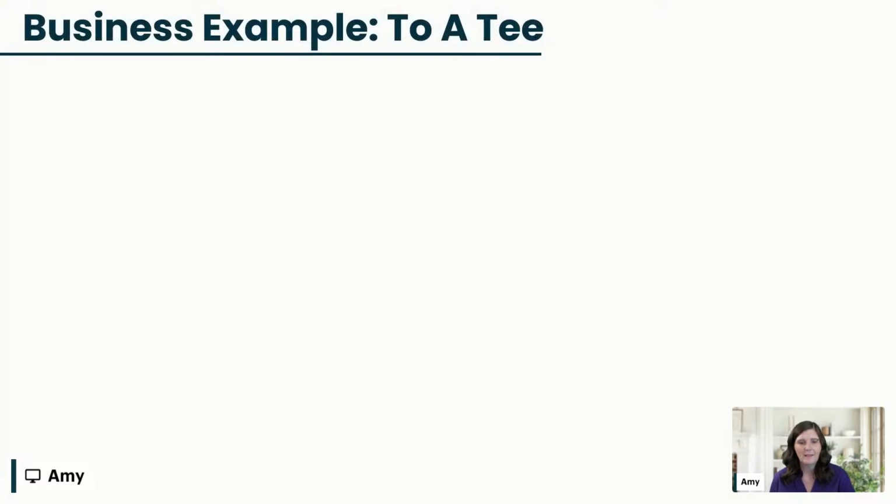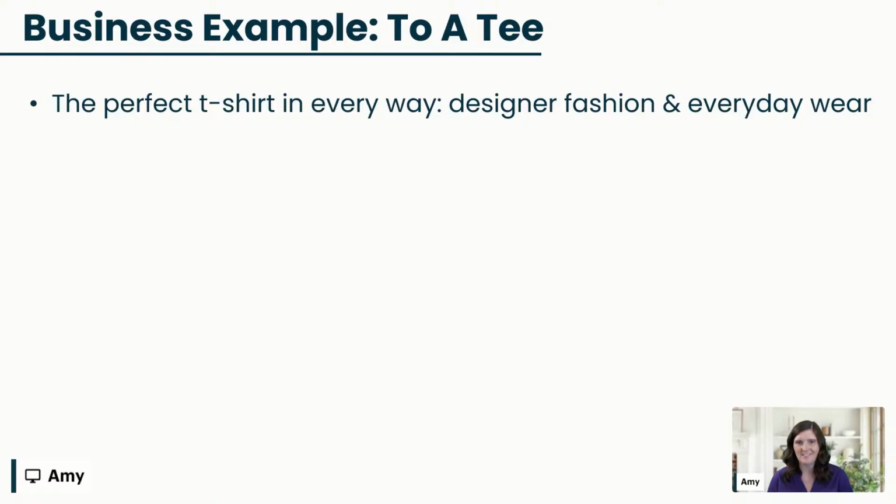Okay, so what we're doing here is we're going to go through an actual business example because I find it easier to learn when you're actually seeing it on paper. So we have a business example. This company is called To a T. They make, as you would imagine, t-shirts. And these t-shirts are perfect. Everyone loves these t-shirts. They feel and look designer, but you can wear them every day.